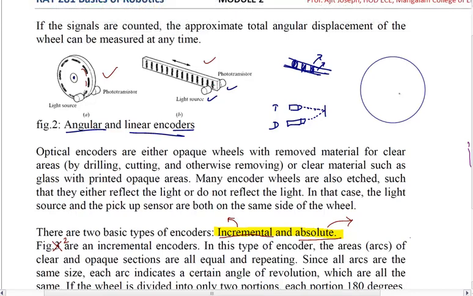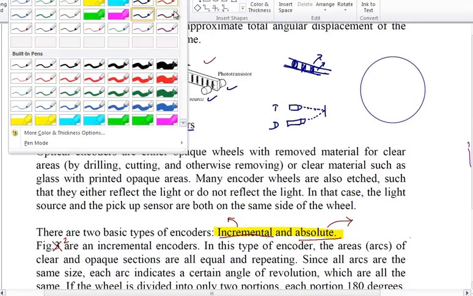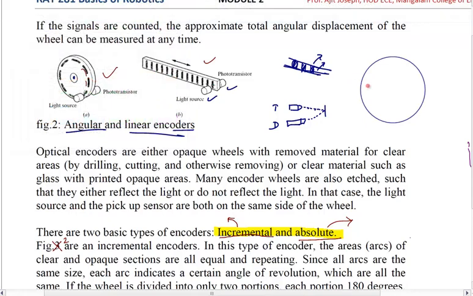Now I can have a situation wherein I keep 180 degrees completely dark, opaque, and the other 180 degrees I will keep transparent, the red one that you see.